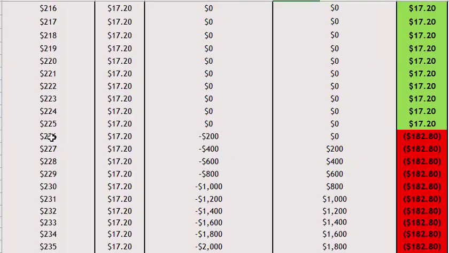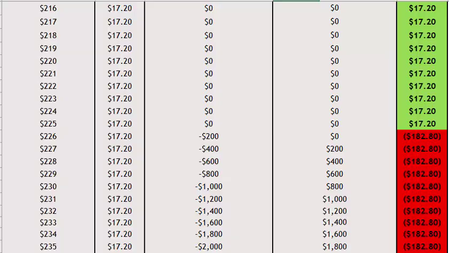So remember, if the share price is at 226 and we're short on the $225 call, that's got $1 of in the money value. Now we sold 2 contracts of that, so that's a negative value for us, so it's a -2. And remember, in the options market, one contract controls 100 shares of stock, so you'd multiply that by 100. So it's a -$200. So even though there's value in the call option, because we've sold it, it's not ours. At 229, it's -800 and so on and so forth.